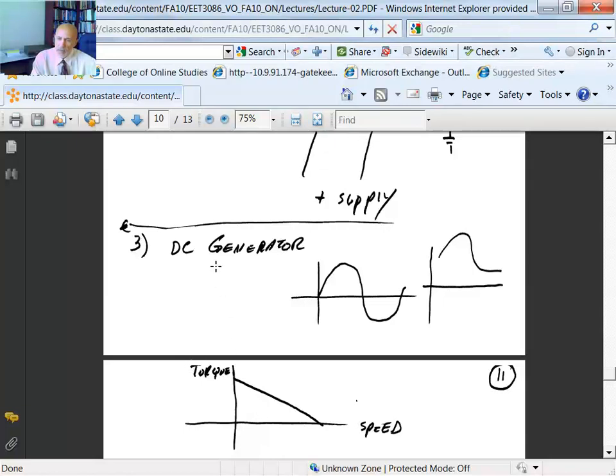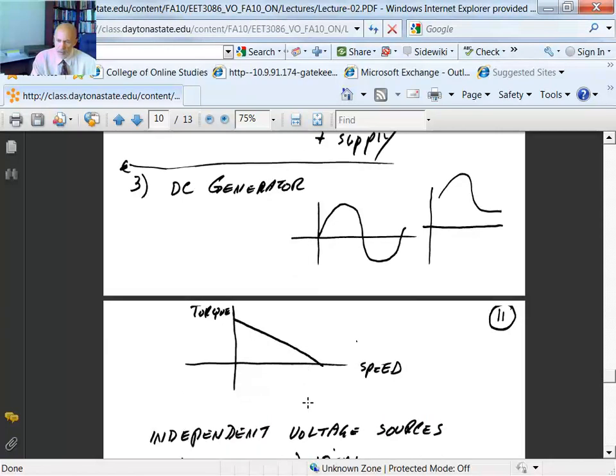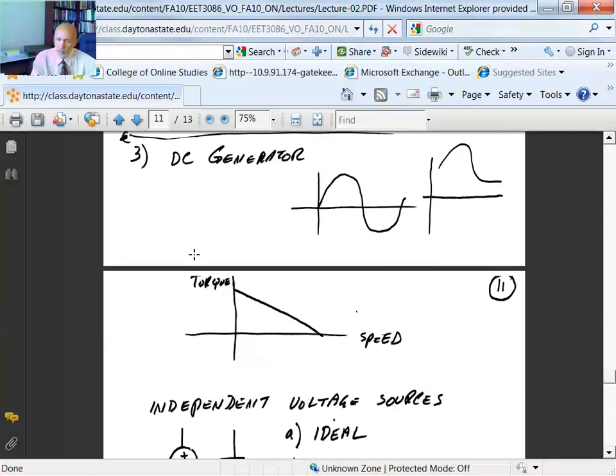Now, the advantage of a DC generator or DC motor is the torque-speed is very linear, unlike AC motors or AC generators. It's a lot easier to control. Until about 30 years ago, most motors used in control applications to control the speed and torque were pretty much AC.